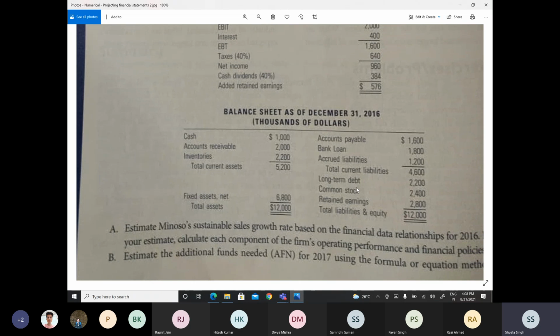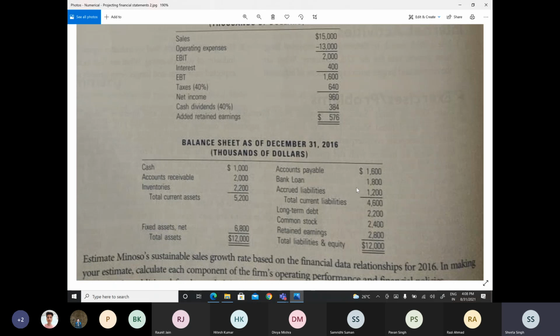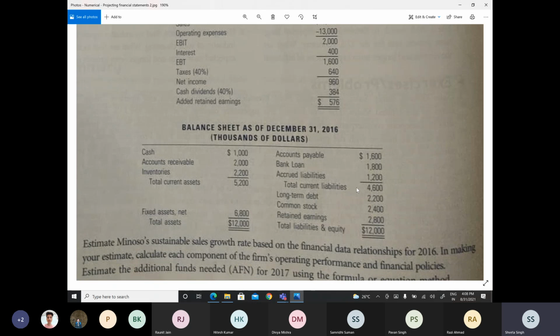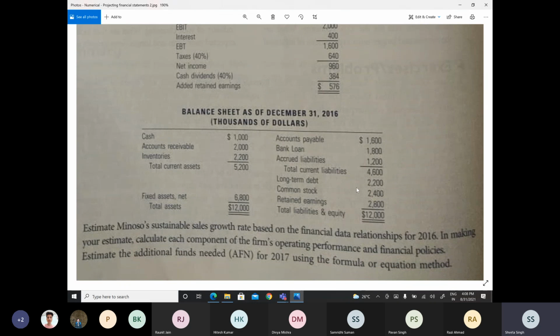So based on this, estimate Minoso's sustainable sales growth rate based on the financial data relationships for 2016. In making your estimate, calculate each component of the firm's operating performance and financial policies. And then second, you have to estimate the additional funds needed for 2017 using the formula or equation method.